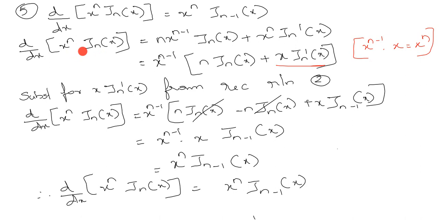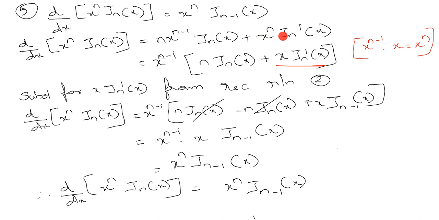So we are going to apply the product rule, which is first function into differential of the second plus second function into differential of the first, which is written here. That is d by dx of x raised to n into Jn of x is equal to n x raised to n minus 1. We have differentiated x raised to n here, keeping Jn of x like that, plus in the second term we have kept x raised to n like that, and we have differentiated Jn of x.